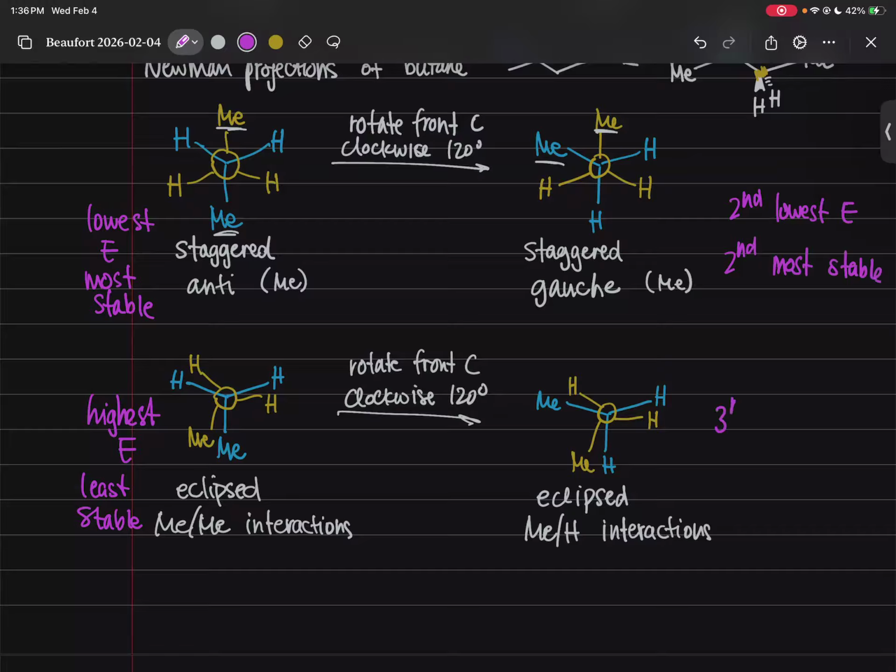And this is the third. Again, this is not nearly as important as the staggered anti being the most stable. That's sort of the key here.